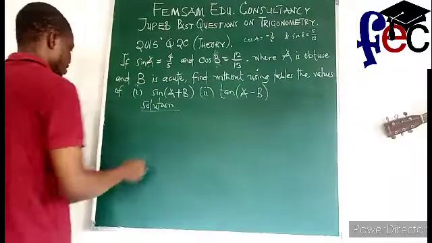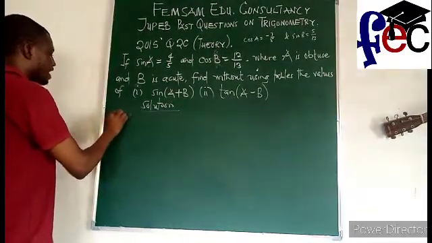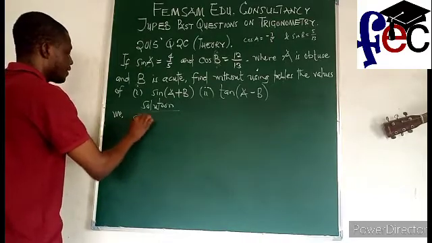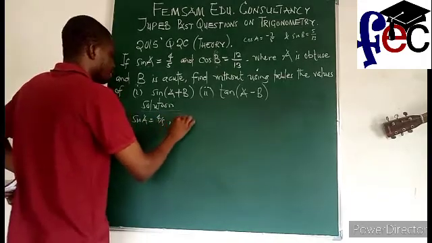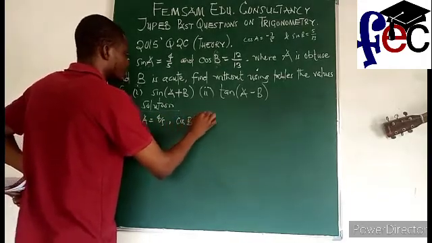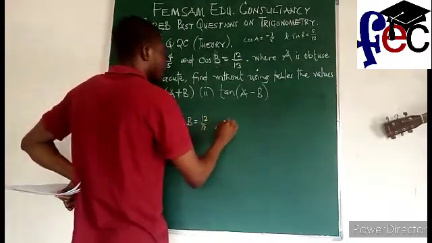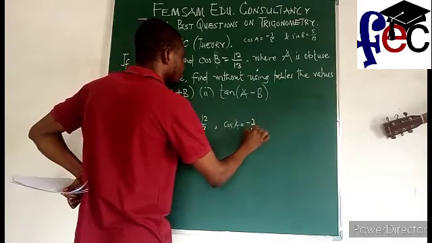Okay, so now, what do we have now? We have sine A equal to 4 over 5, we have cos B equal to 12 over 13. We have cos A equal to minus 3 over 5.